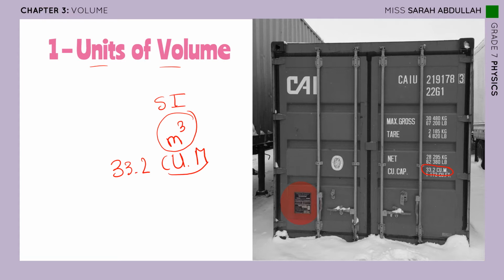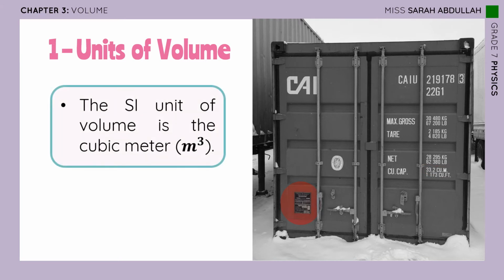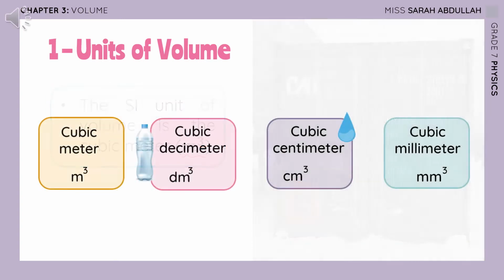We also have decimeter cube, we have centimeter cube, and we have millimeter cube. So all of these are units of volume, but the SI unit of volume is cubic meter, which is meter cube. Okay?